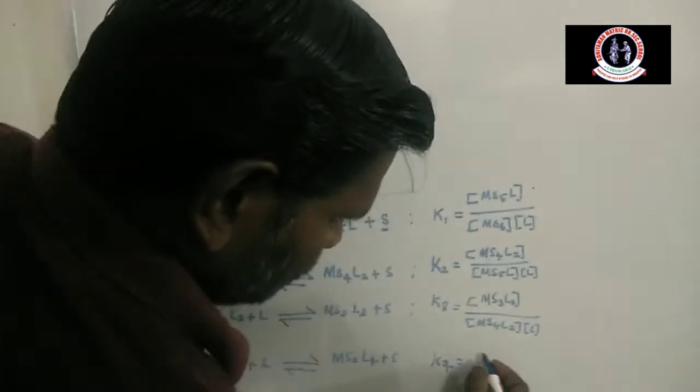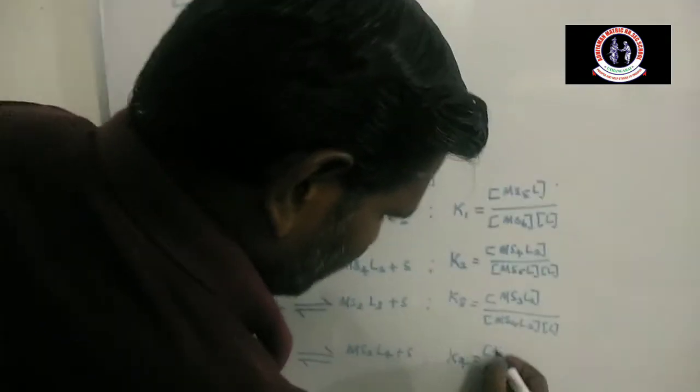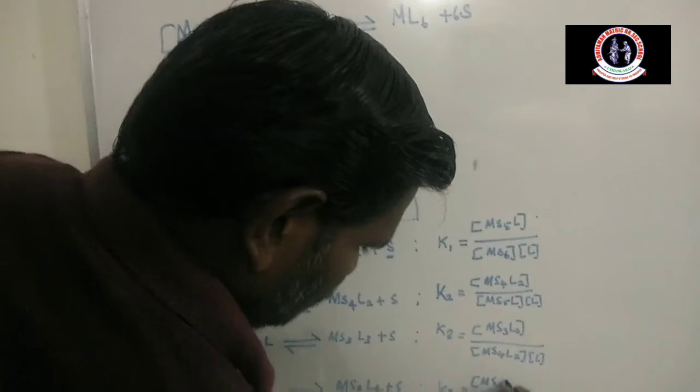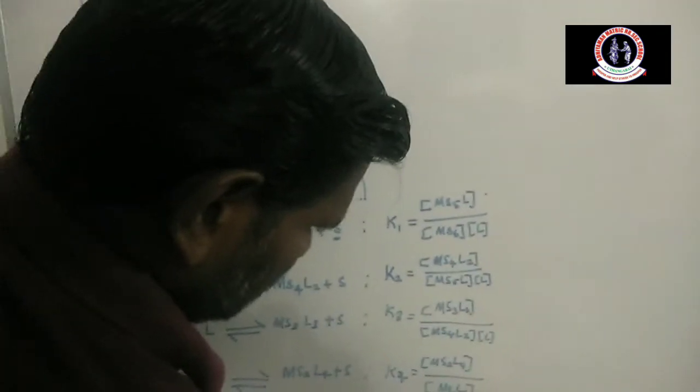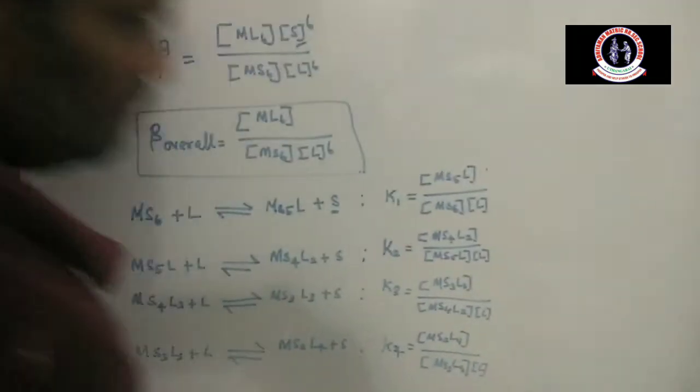K4 is equal to the concentration of MS2L4 divided by MS3L3 into the concentration of L.